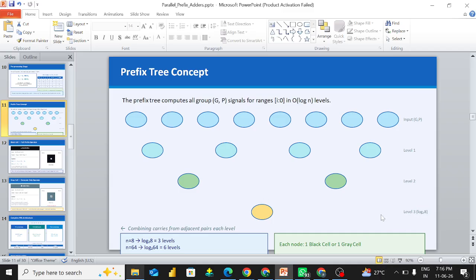The highest level here is level 3, right? In the highest level there will be many outputs, right? You are going to combine every input's output, like the GPs of this output are combined here and this output is combined here and this output is combined here. You keep on combining, right? And at last you are going to get this, right?